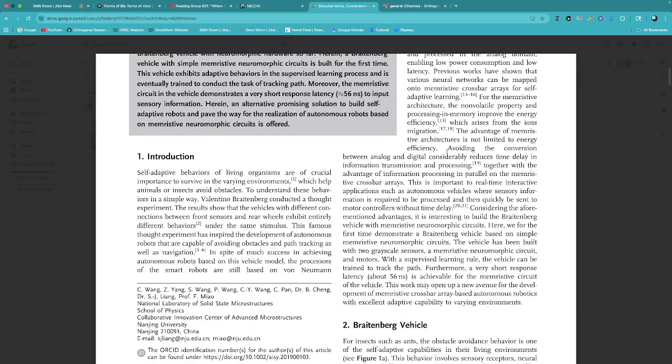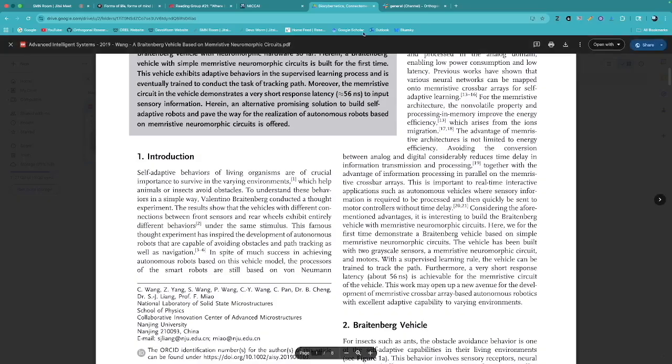Avoiding the conversion between analog and digital considerably reduces time delay in information transmission and processing. So there's this analog aspect of the stimulus, and in the von Neumann architecture it has to convert it to a digital signal and then convert it back out to an analog behavior. In the memristive case, you don't have that conversion, so it reduces the time delay.